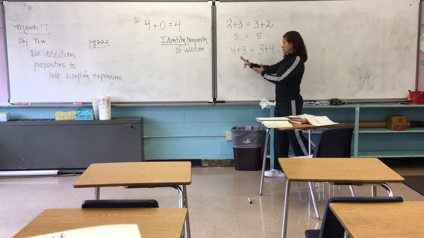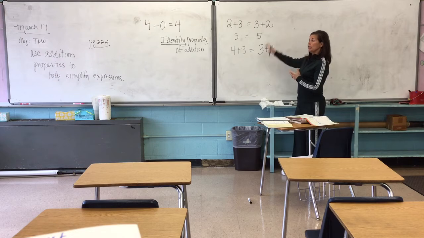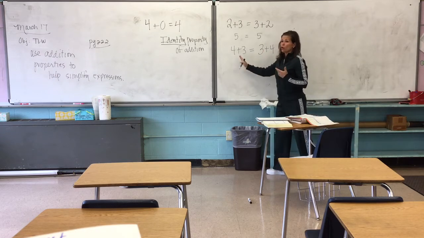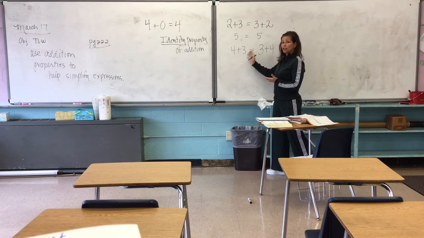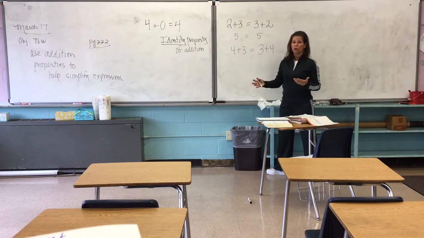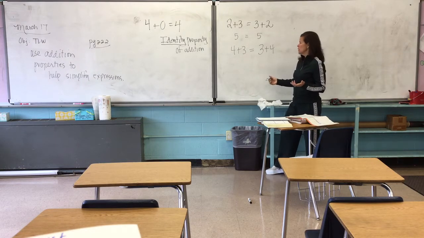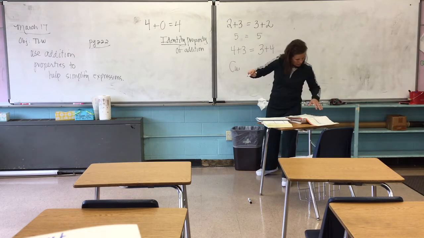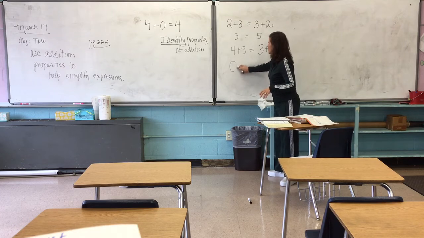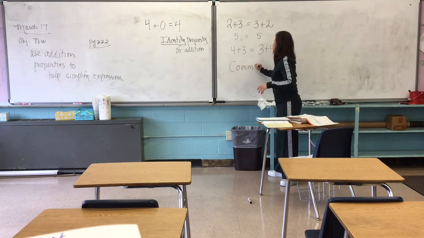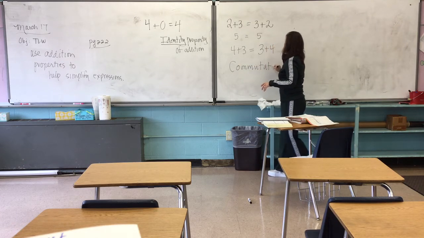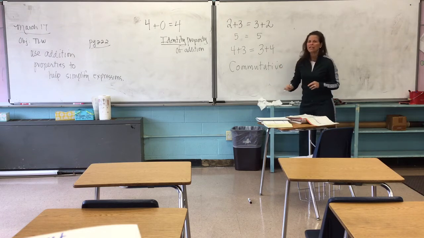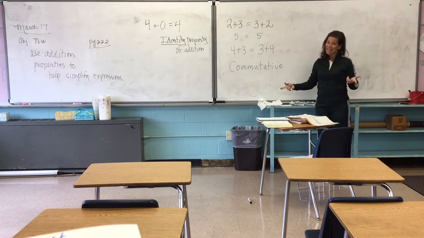There's a name to this. We're going to hook a name to this, which says that when I'm adding two numbers together, if I change the order, it doesn't affect the sum. It doesn't change the answer. This is called the commutative property. Please don't say community, because it's not.